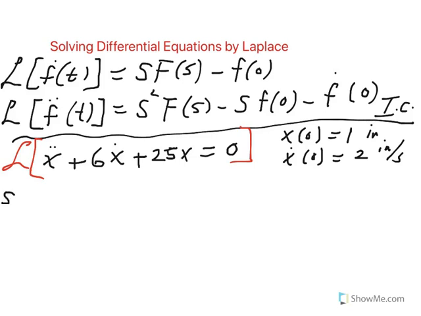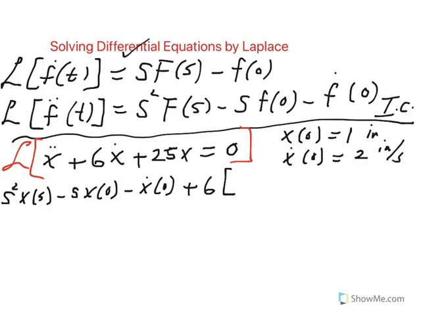So we get, using the formula up here, s squared X of s minus s x of 0 minus x dot of 0, plus 6 times, because I have a 6 multiplied by x dot, the Laplace of the first derivative, which as you can see here is s X of s minus x of 0, and then plus 25 X of s equals 0.